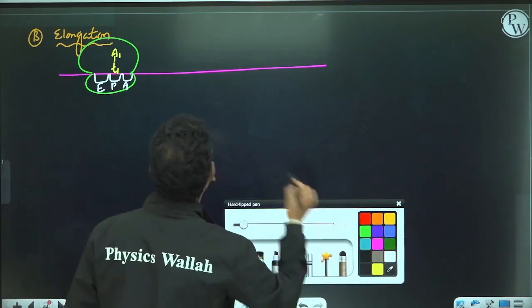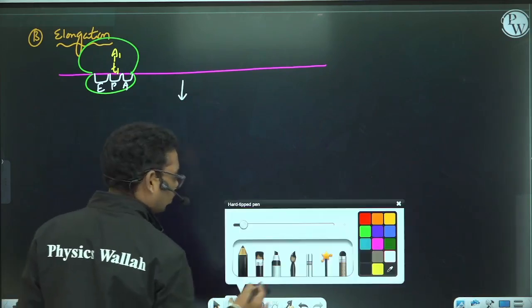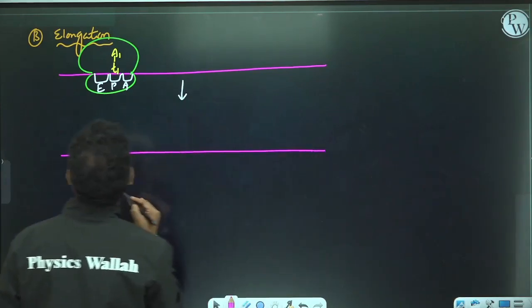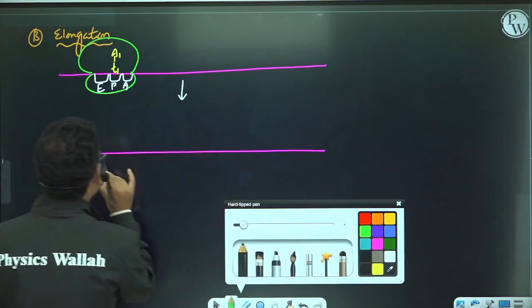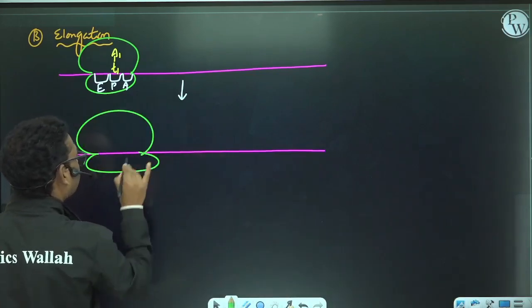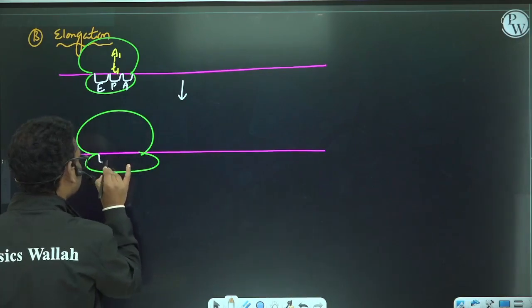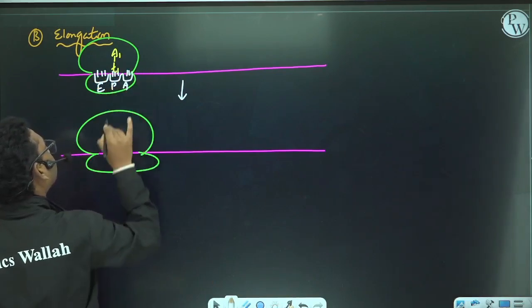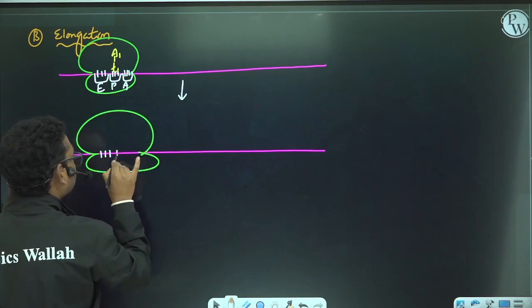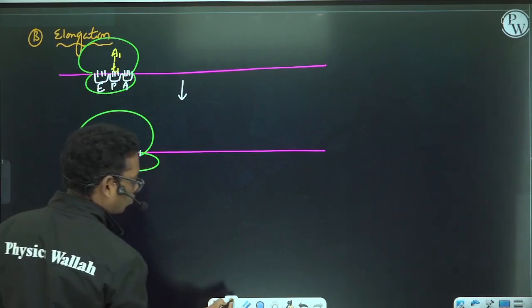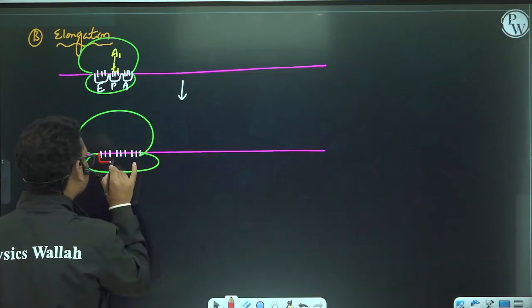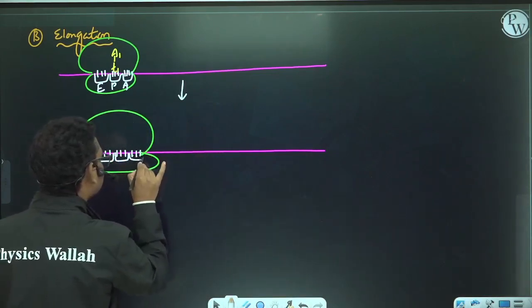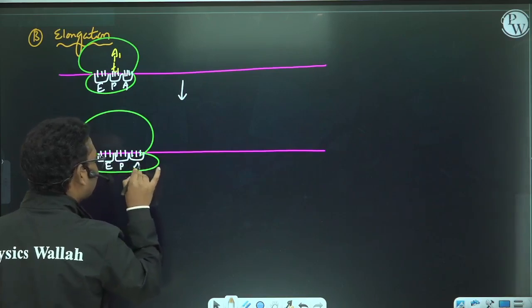In the next step, what is going to happen? In the elongation phase, let me draw this diagram once again. E site, P site, A site, right?